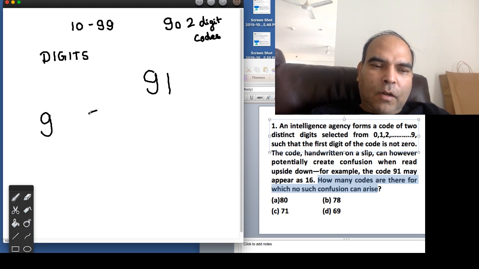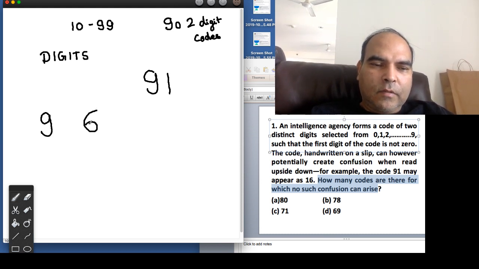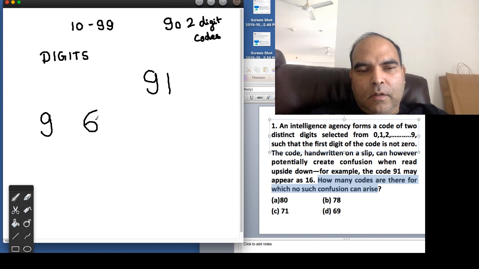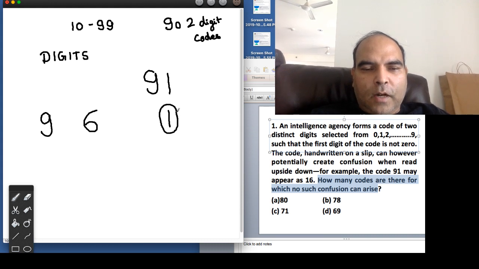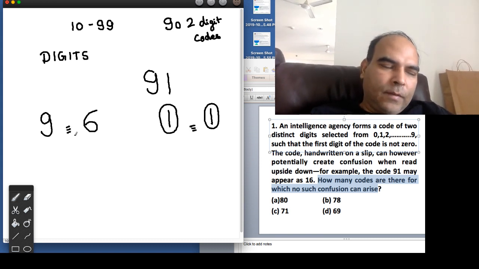If you turn it upside down, it looks like 6. The other category is number 1. If you turn it upside down, it still looks like 1. So 1 looks like 1, but 9 looks like 6, and 6 looks like 9.